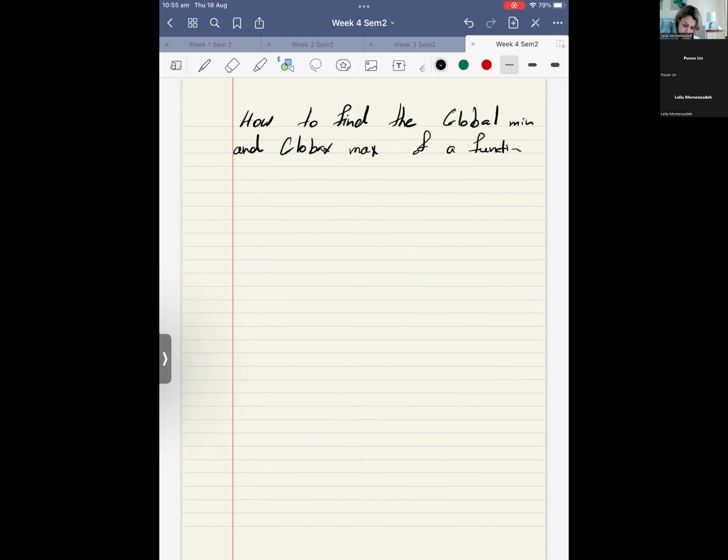If you have just one variable, like before, if I show you such a graph, it's x and y equal to f of x. You can see this is the highest point that you have.